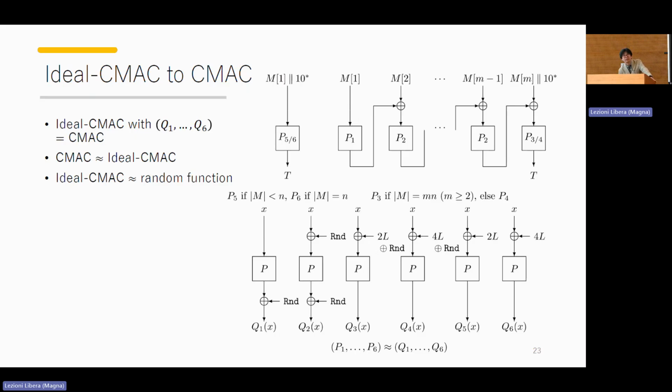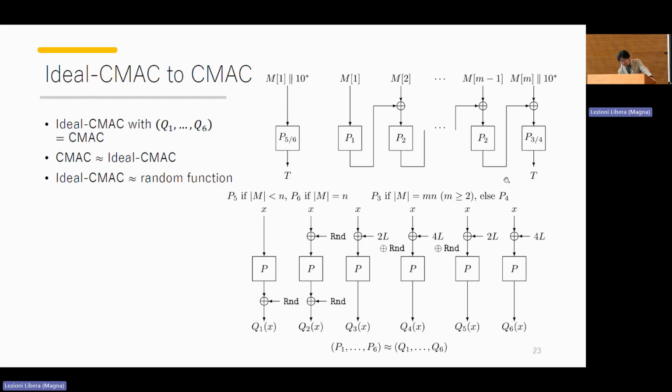And what we can see here is that ideal CMAC, based on these 6 permutations, is exactly CMAC. This P1 is replaced with this Q1. This P2 is replaced with this Q2. And we see that this random key is cancelled.